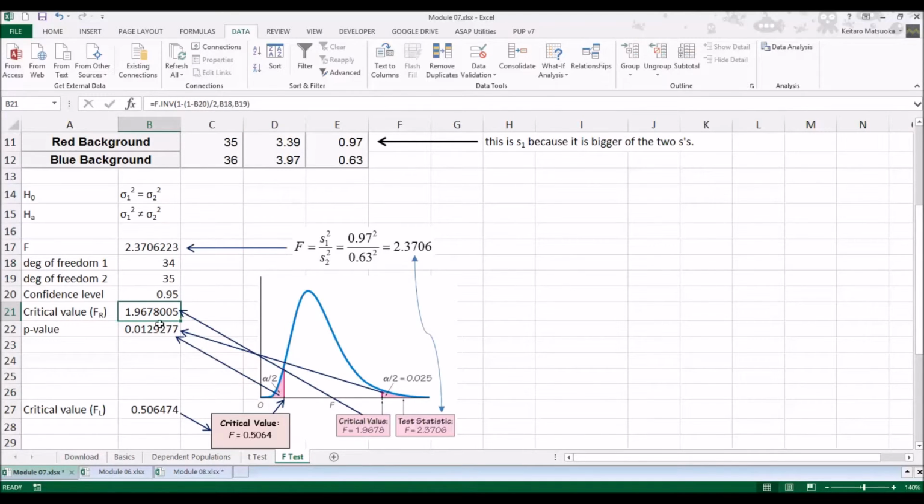So if you're asked to find the critical values from the right side, do this. If it's the left side, do this. And p-values figure out by doubling the output from F.DIST.RT function. And this is basically the sum of two areas from here and then here. So that's the p-value using the F distribution.